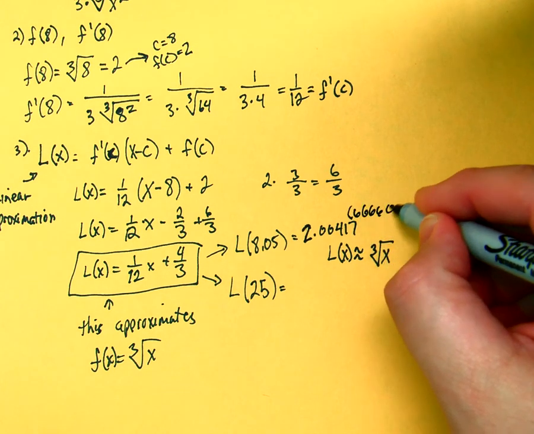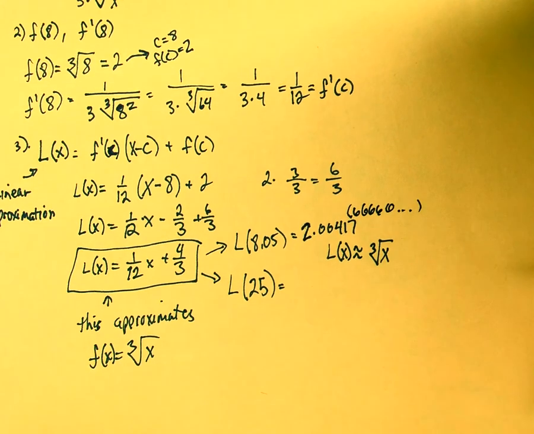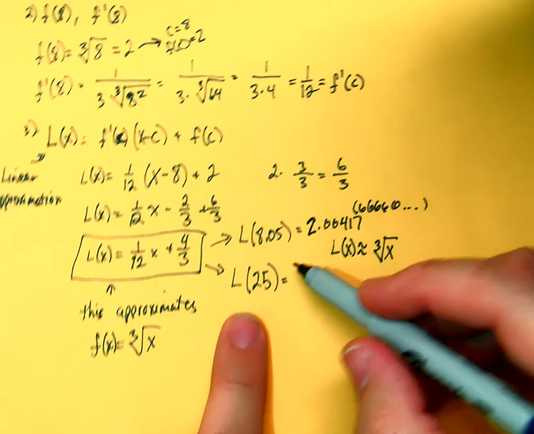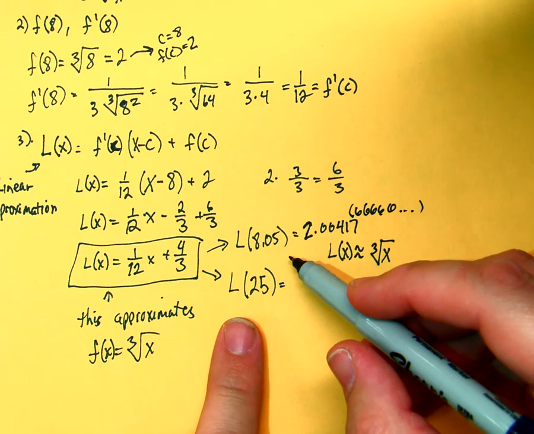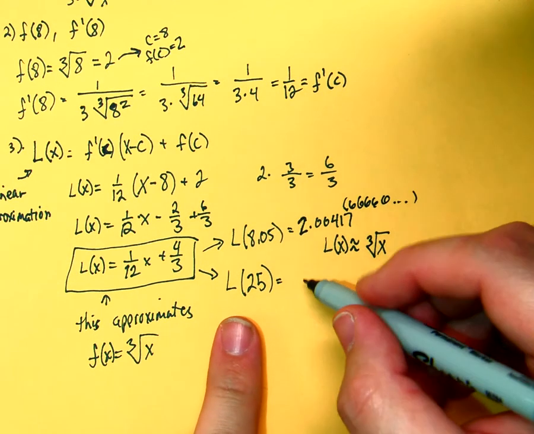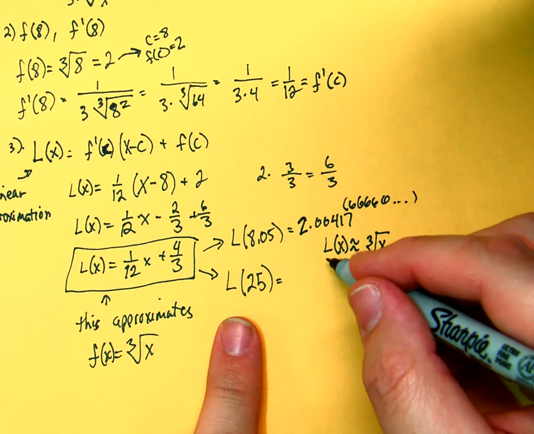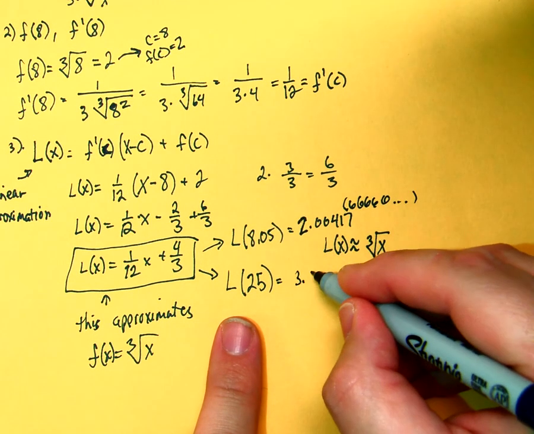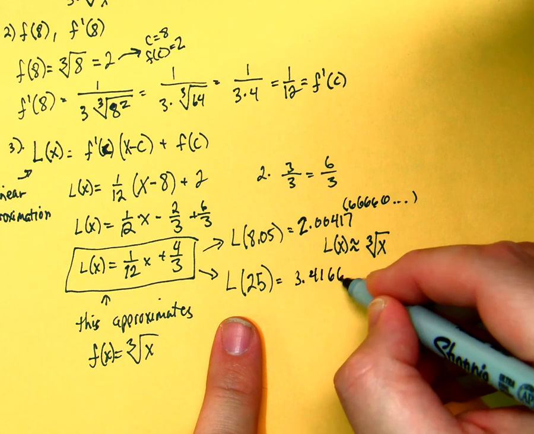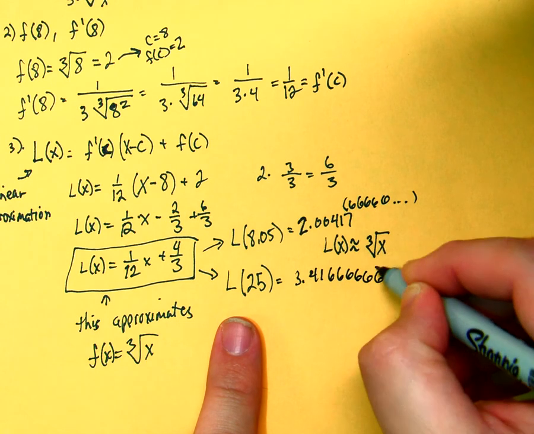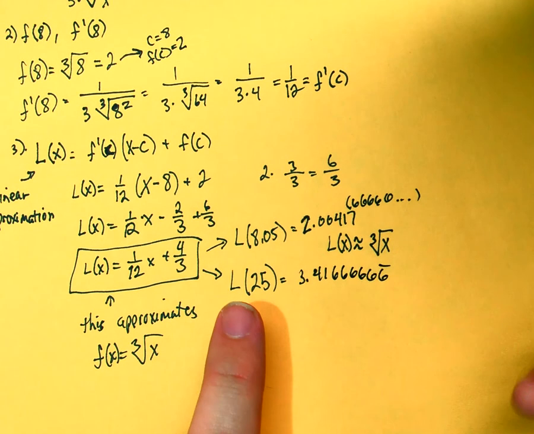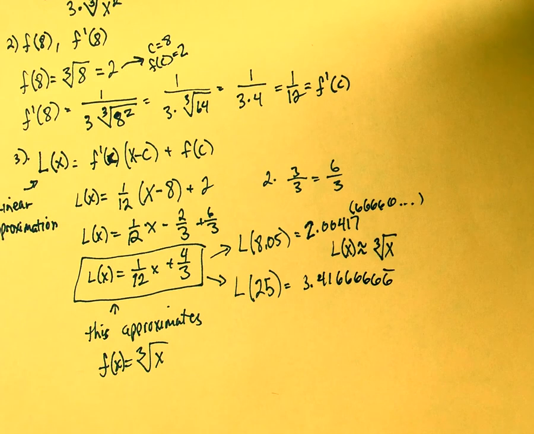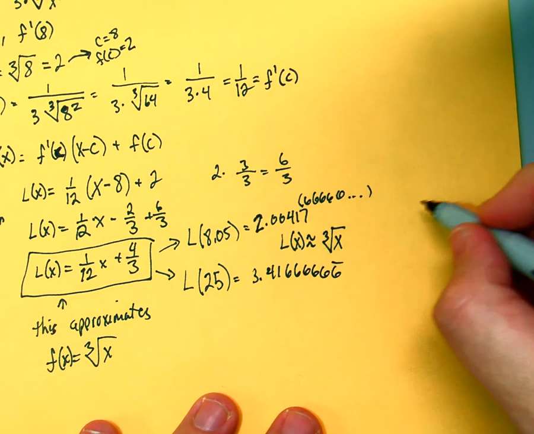Now, if you plugged in L of 25, we get 3.41666667, or 6 repeating, 7, that type of thing. But here's a question for you. What's the actual cube root of 8.05?